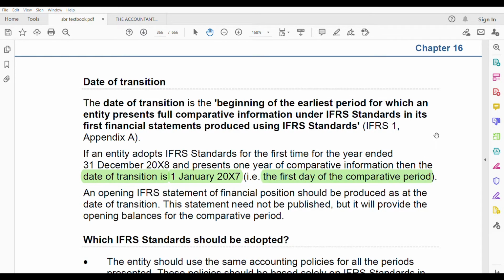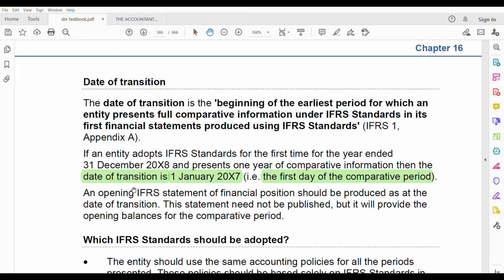You need 1 year to compare also. So the first day of the comparative period is known as the date of transition. So it will be 1st of Jan 2007, 1 year before 1st Jan 2008, sorry, 2 years before 31st December 2008. So that you can compare 31st December 2007 with 31st December 2008, the two financial statements.